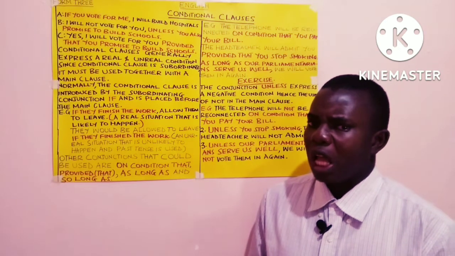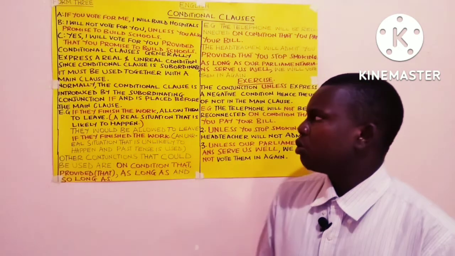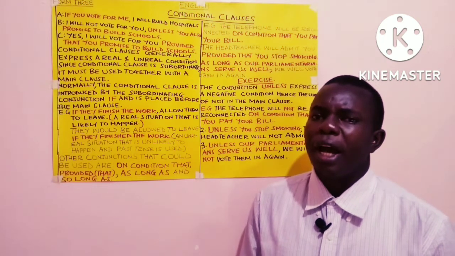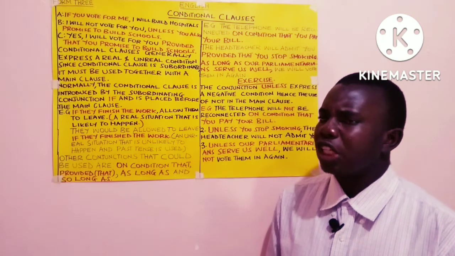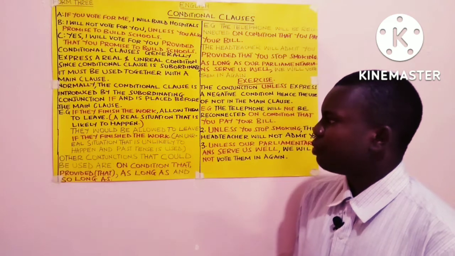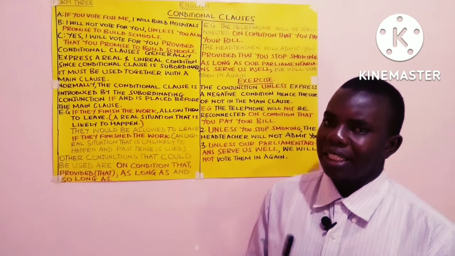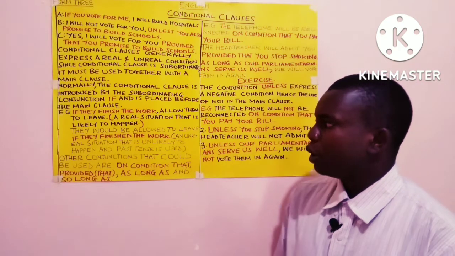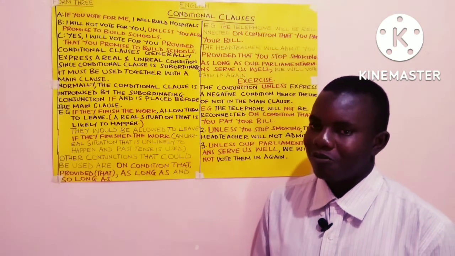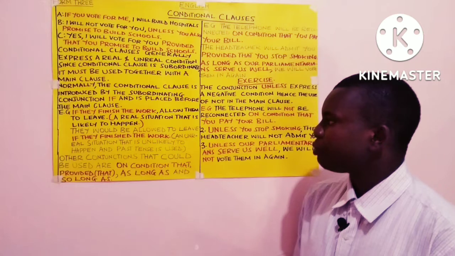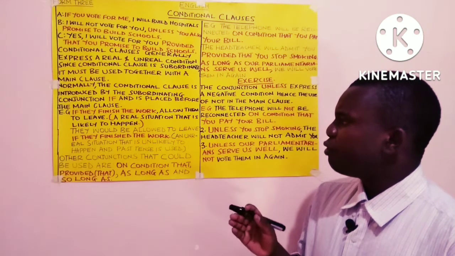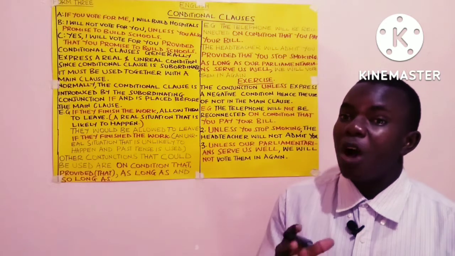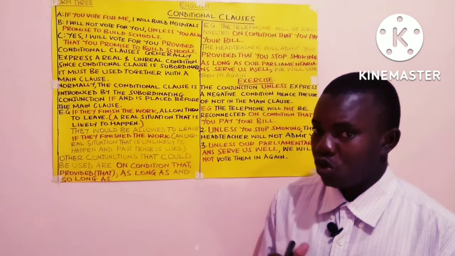Normally, a conditional clause is introduced by the subordinating conjunction if, and is sometimes placed before the main clause. An example is here: "If they finish the work, allow them to leave."